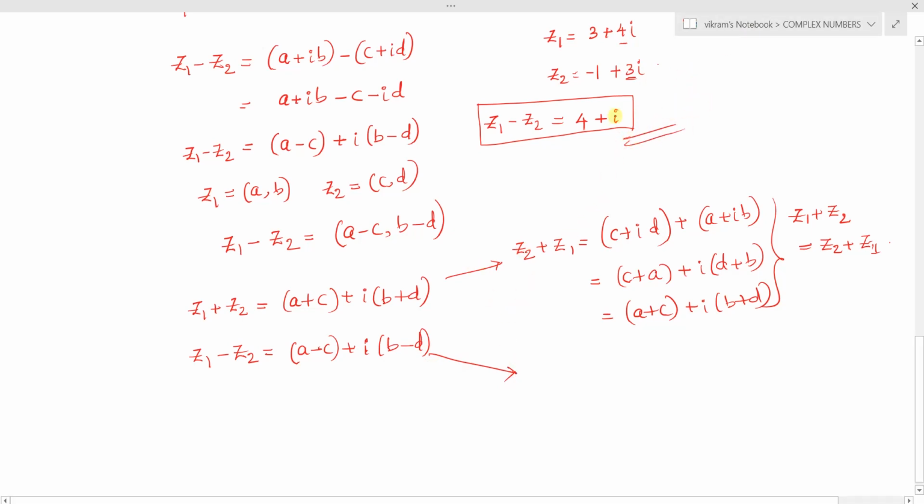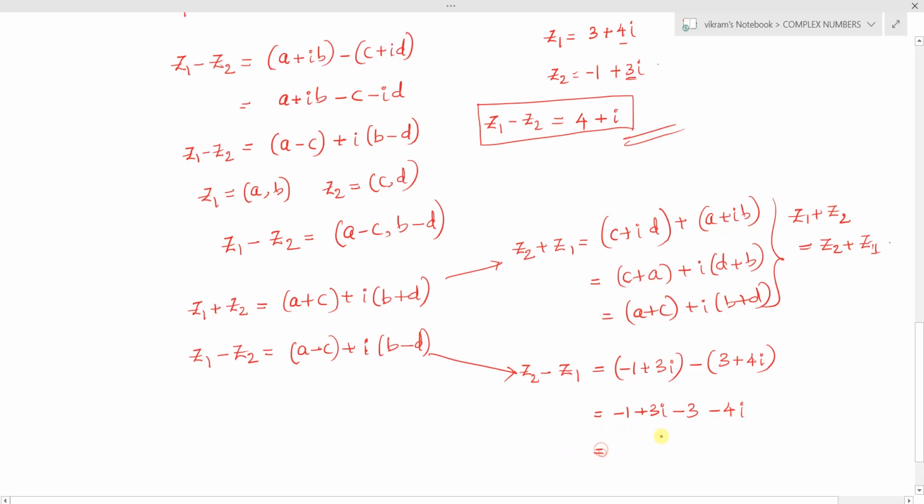And coming to the subtraction, let's explain with the help of the above example. We obtained z1 minus z2 as 4 plus i, and what is the result of z2 minus z1? z2 minus z1, so that means minus 1 plus 3i minus of 3 plus 4i. Then what will we get here? Minus 1 plus 3i minus 3 minus 4i.